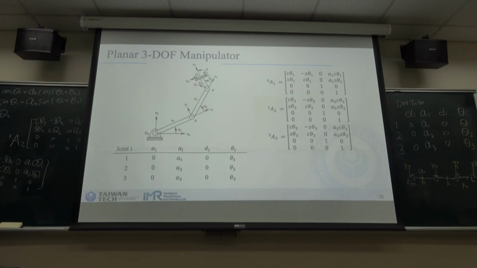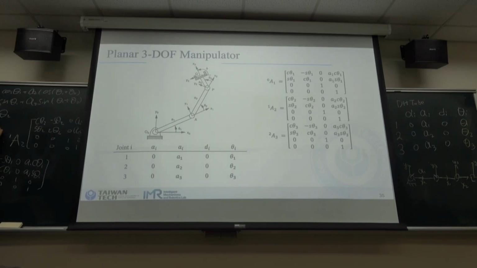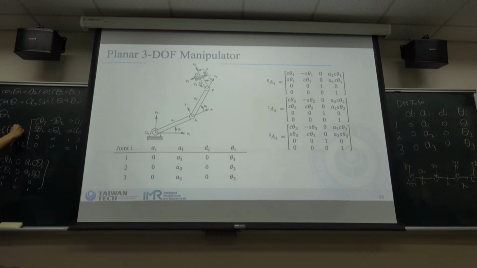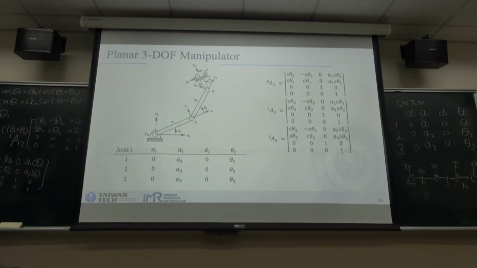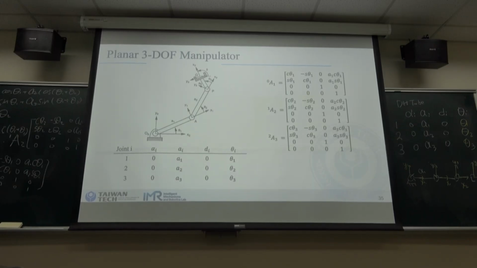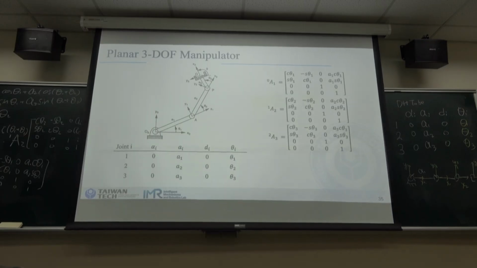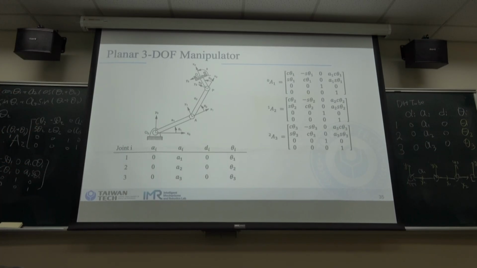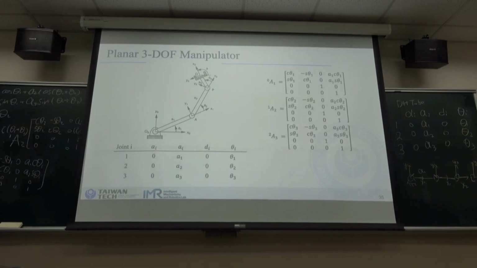These two can combine as a2 cosine theta 1 plus theta 2, plus a1 cosine theta 1. So it matches our geometric method. Through this, you can check whether your answer is correct. You just multiply these two matrices together, then see whether the Px is the same. Is it okay?